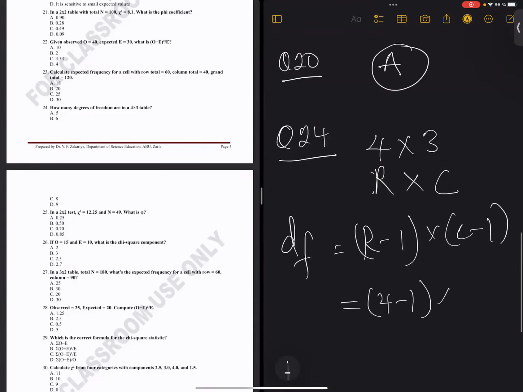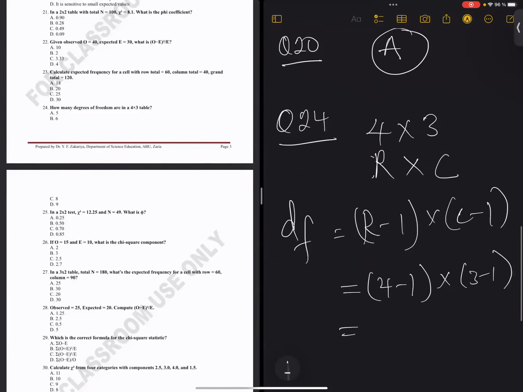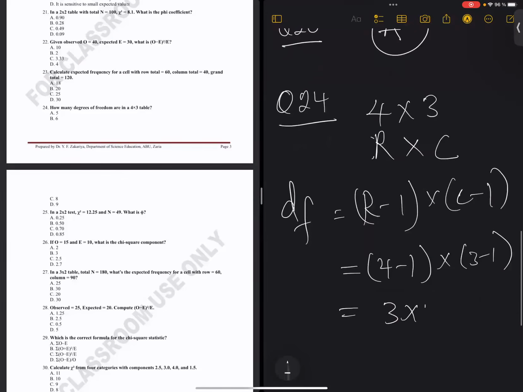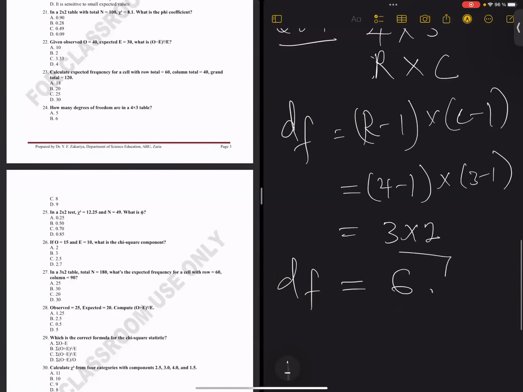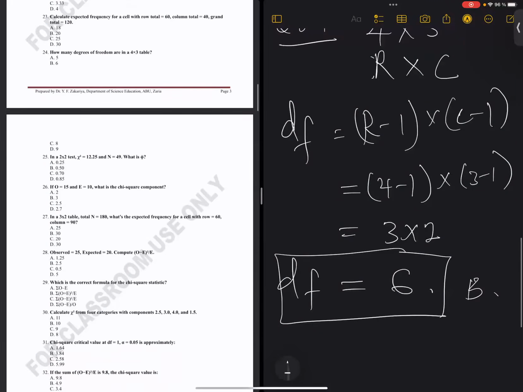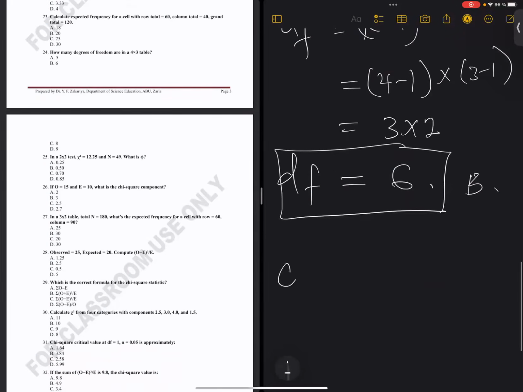So 4 minus 1 multiplied by 3 minus 1 is 3 times 2, which is 6. So the degree of freedom is 6. The right option is option B. All right, we go to the next question.